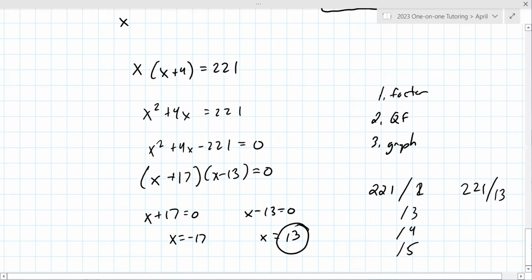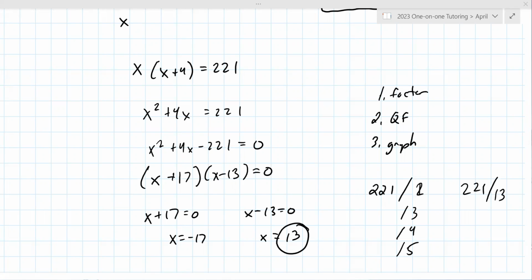Does that sound reasonable to you without much explanation? Yeah, one second. Sorry, I just kind of forgot all about the factoring.